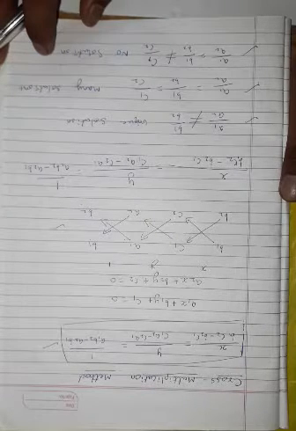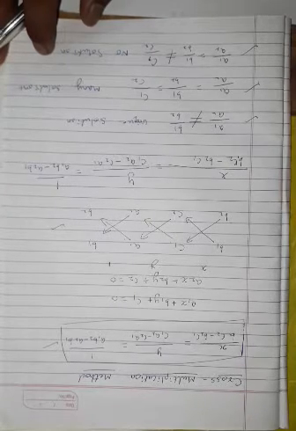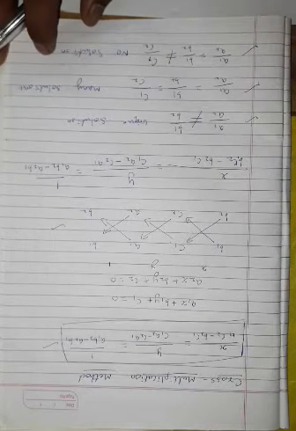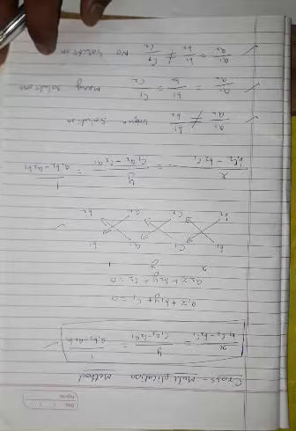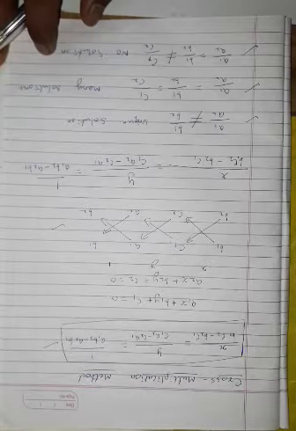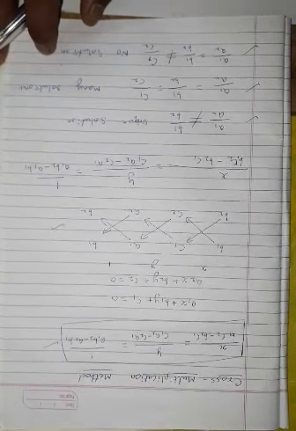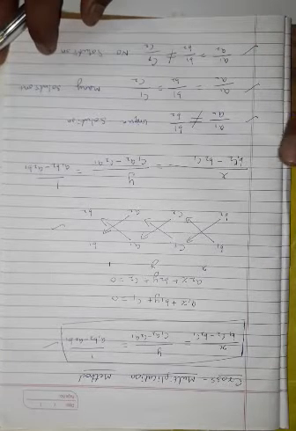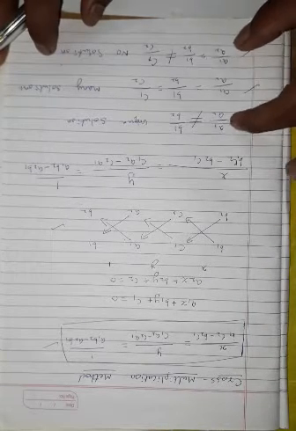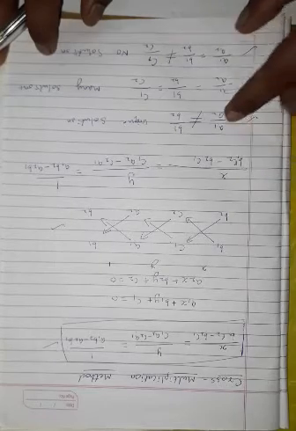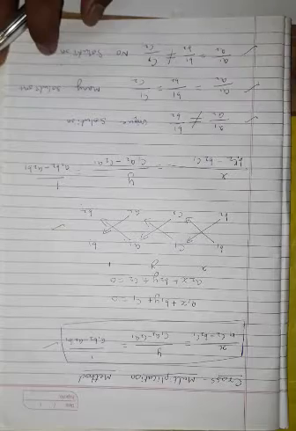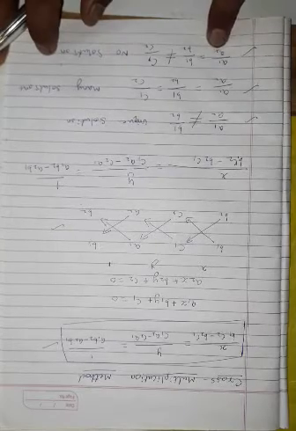That's why this is important. Or, if the pair of linear equations has a unique solution, find the solution using the cross multiplication method. That is why we have to remember these things: what is the condition for a unique solution, for many solutions, and for no solution.